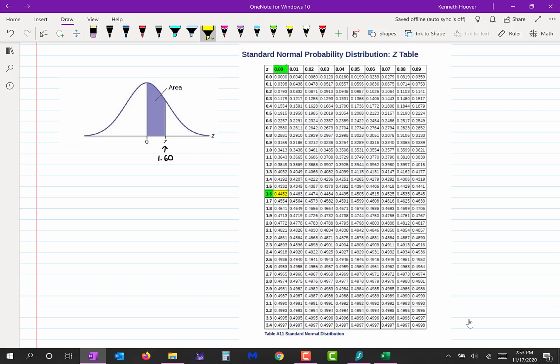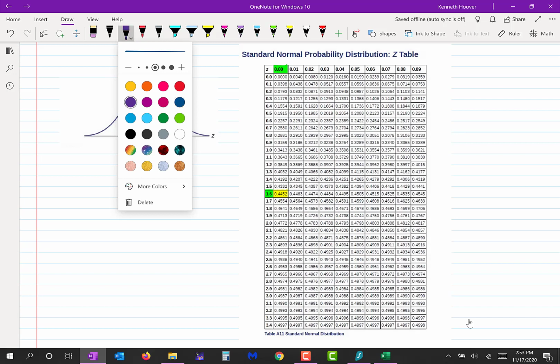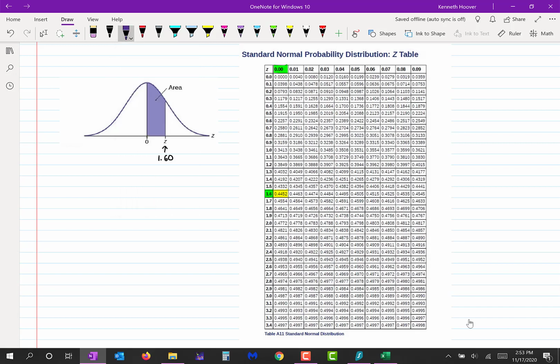What number is that? 0.4452. So that is, remember, this area right here, 0.4452.